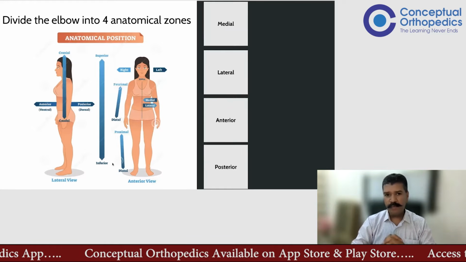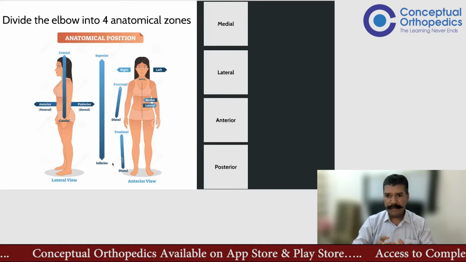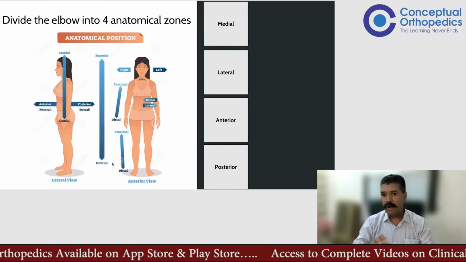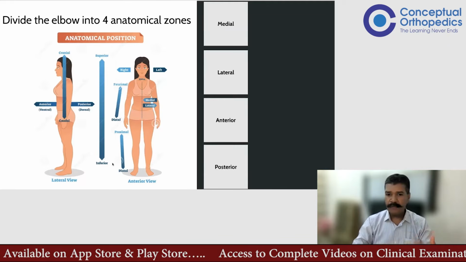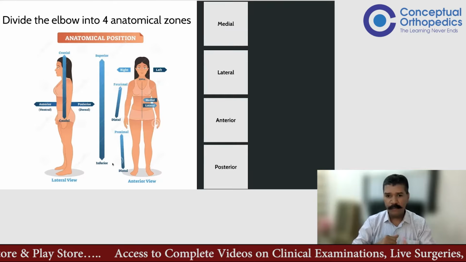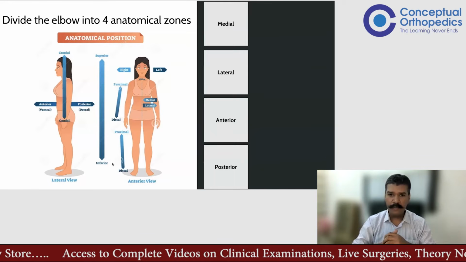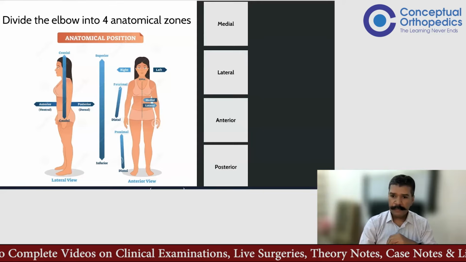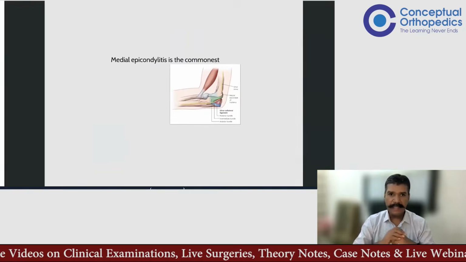But you'll find that most diseases of the elbow will present to you in one of these anatomical zones. And I am referring to non-traumatic conditions here. Of course, sequelae of elbow trauma, of fractures and dislocations are totally different and probably beyond the scope of this particular talk. So now coming first to the medial side.